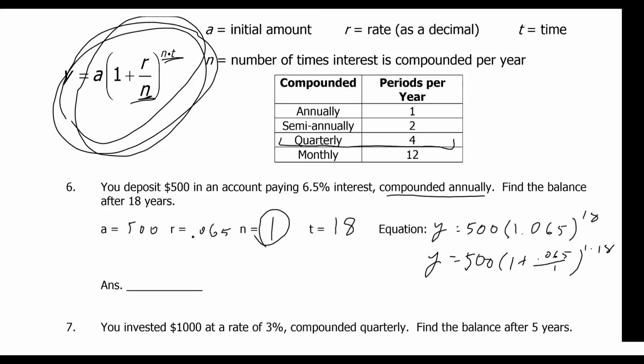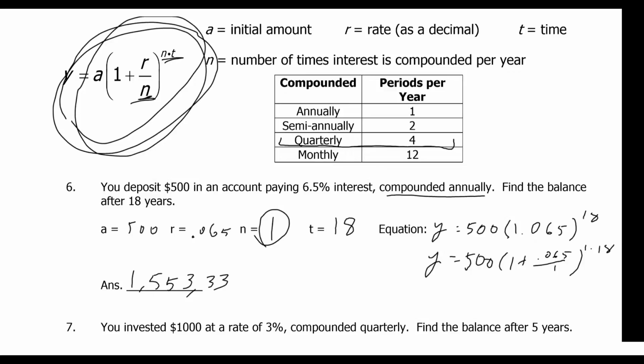And there it is. Alright, so whenever we do this, over the course of 18 years, that money will compound, and it will give us $1,553.33.